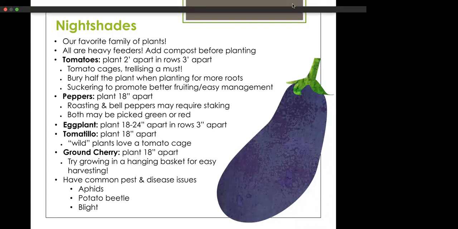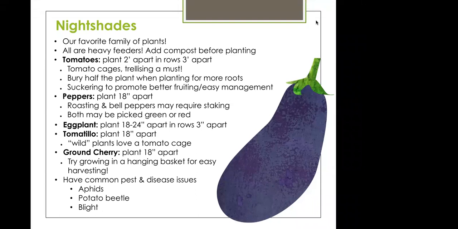We'll talk about the pests and diseases that you commonly see on the nightshades in a bit. With peppers, they can be spaced 18 to 24 inches apart. I recommend that you stake your peppers: put a wood stake right next to it and tie the pepper plant to it so that it's a bit more stable.